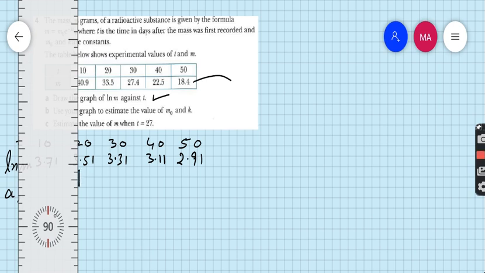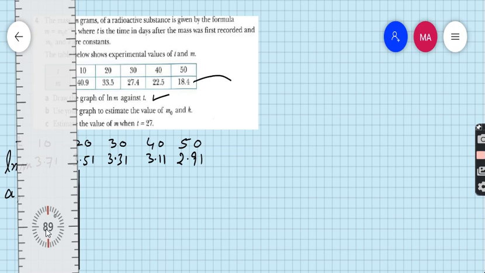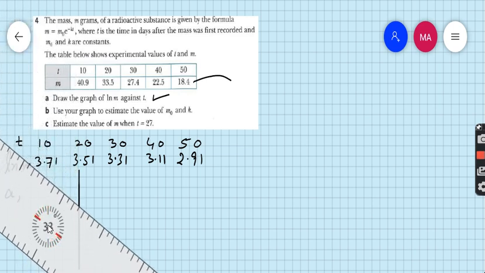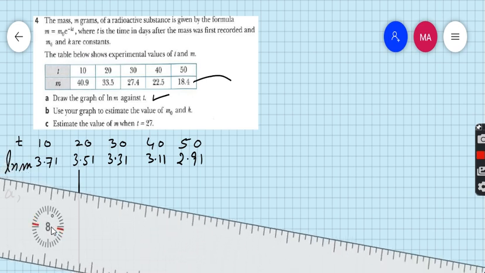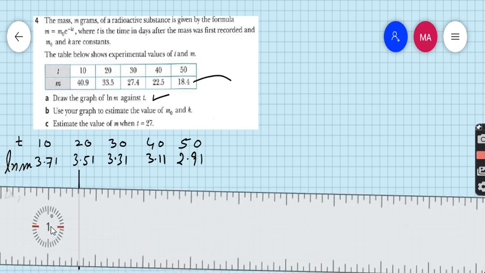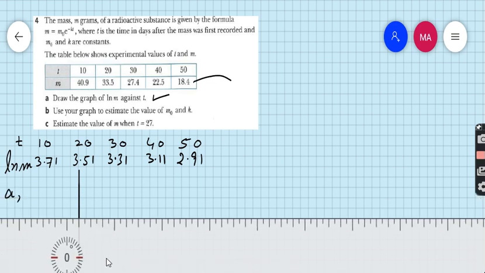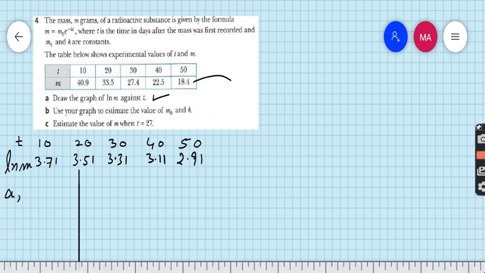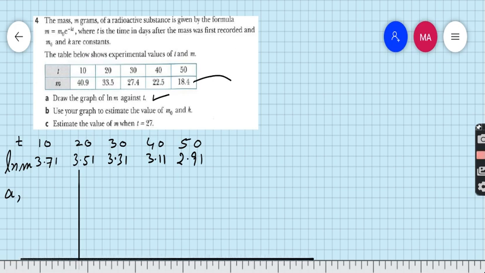This is our y axis, and this is our x axis.